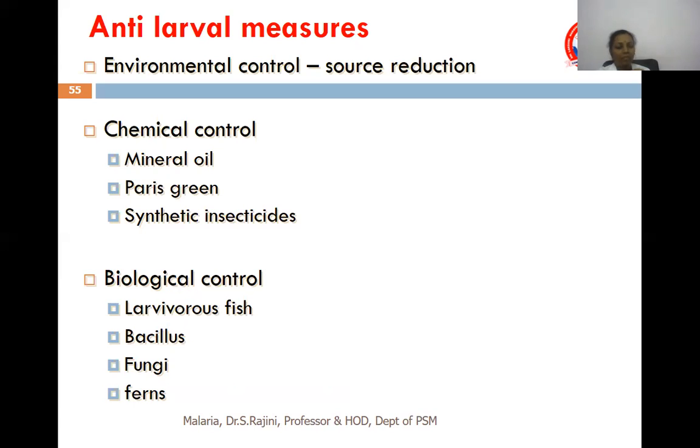Biological control is by introducing larvivorous fishes in ponds wherever necessary, and Bacillus thuringiensis, fungi, and ferns can be introduced so that they kill the larvae.